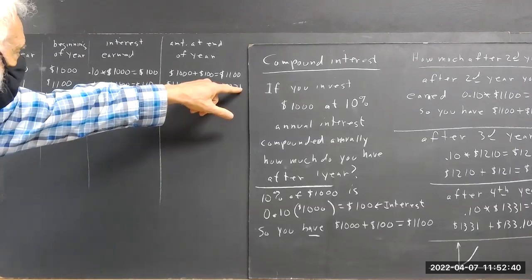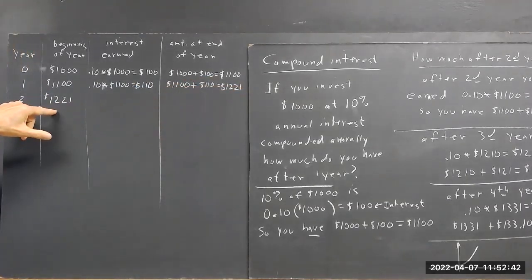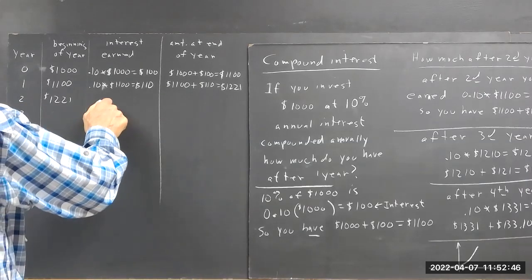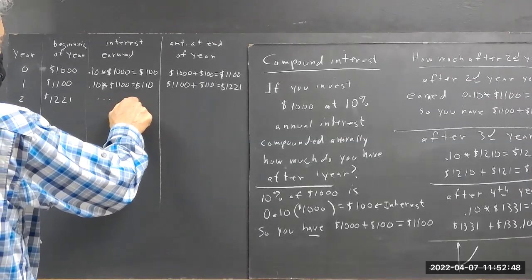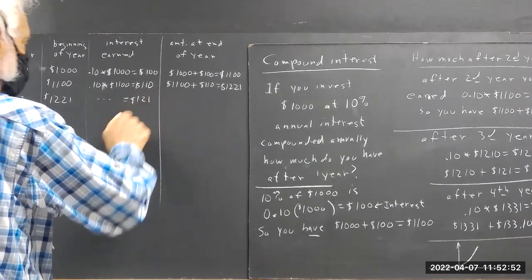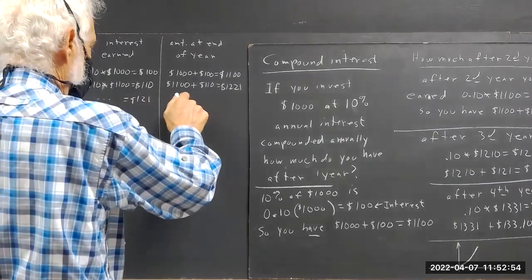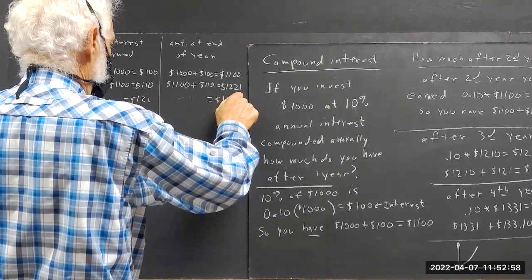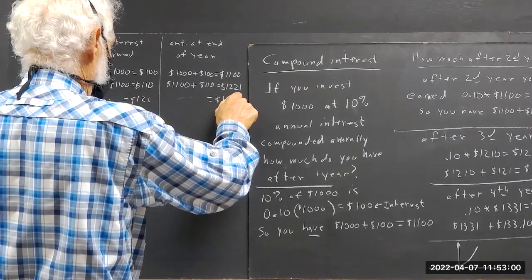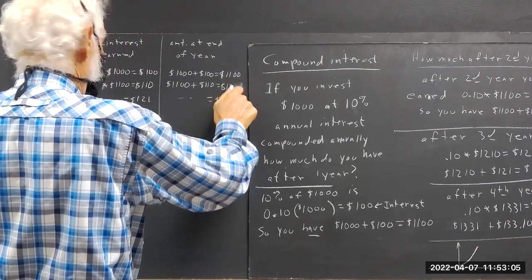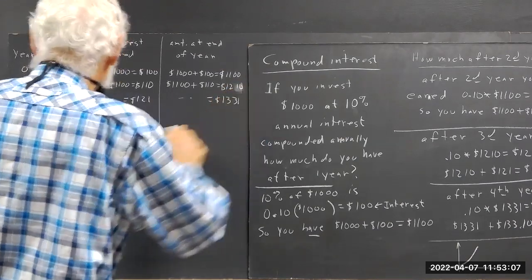now see this number at the end of the year is the number you have at the beginning of the year. And then it's not 1221, it's 1210.